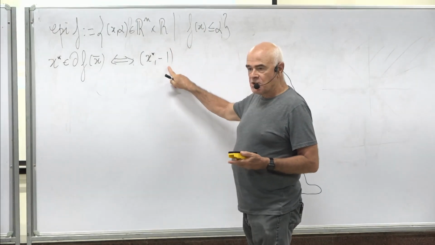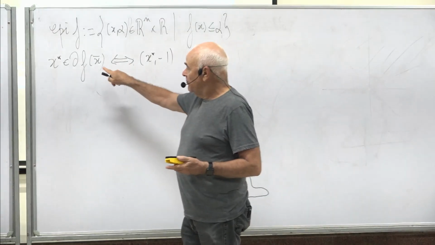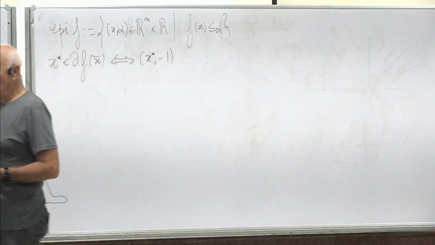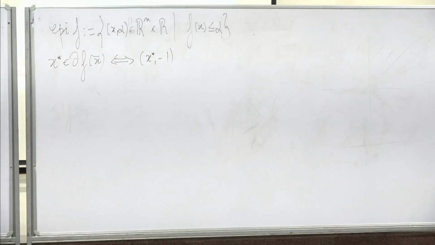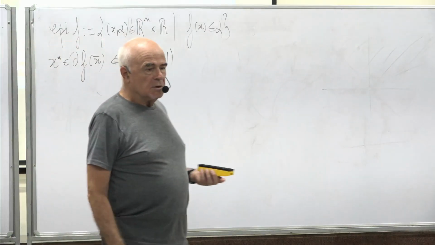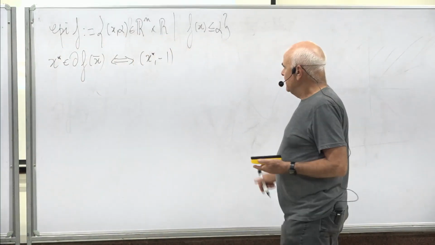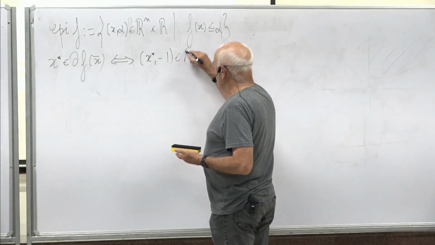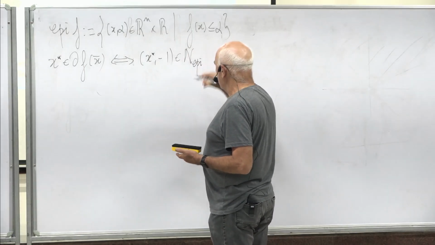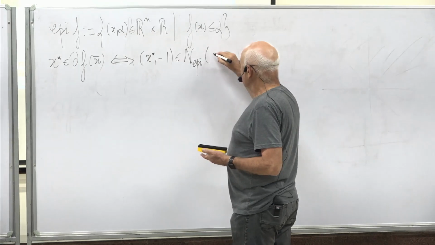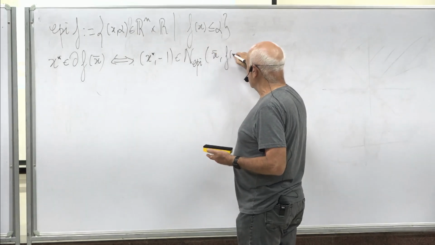I need an extra variable because the function is in Rn, but the epigraph is in Rn plus 1, so I have to add a new coordinate. I have not introduced, and I was not planning to introduce, the normal cone. The normal cone to the epigraph at the point (x bar, f of x bar).